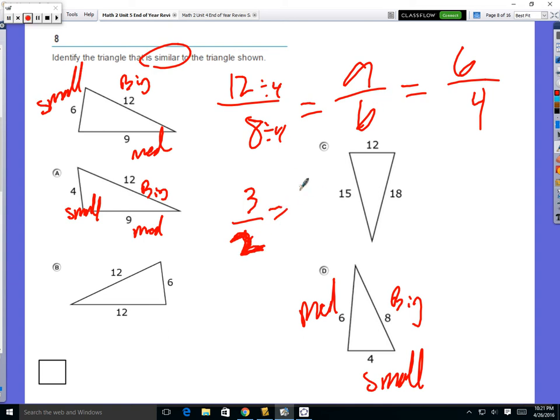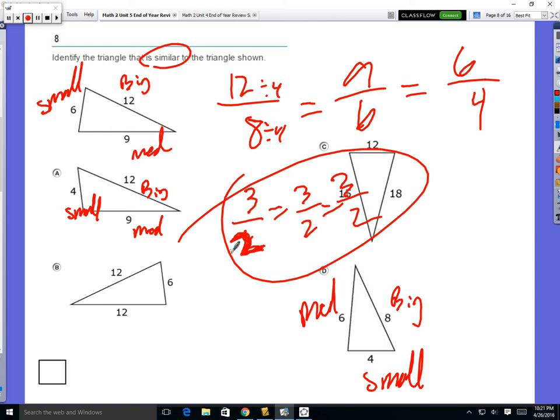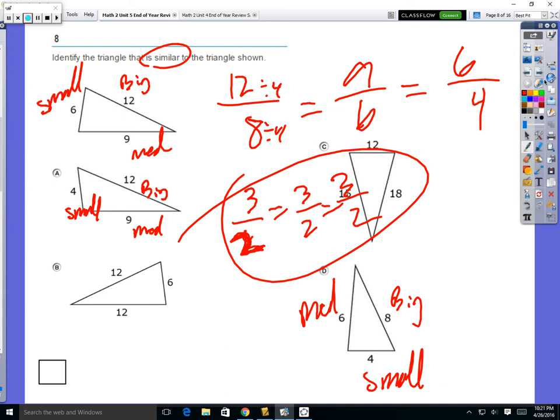Divide those both by 3. So that will be 3 is to 2. And divide 6 and 4 by 2. So that will be 3 is to 2. So that's your ratio. The scale factor is 3/2. So this guy is 3/2 bigger than this guy. So it is D.